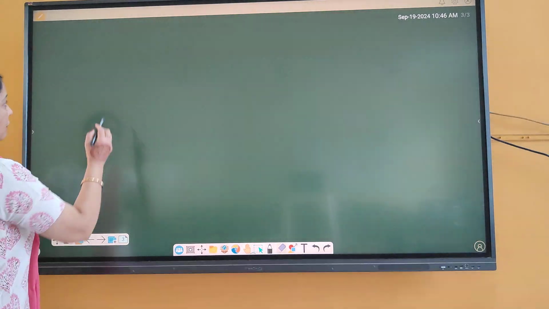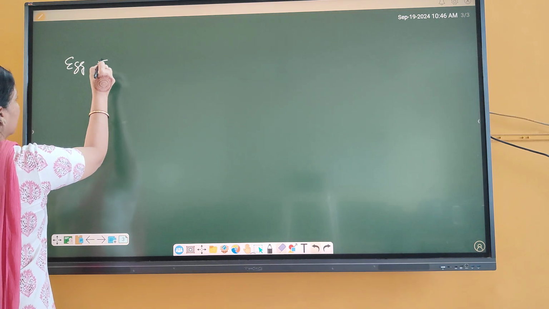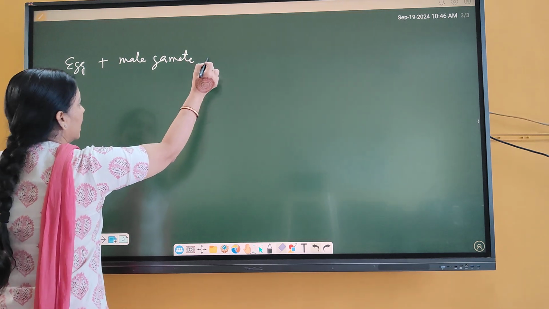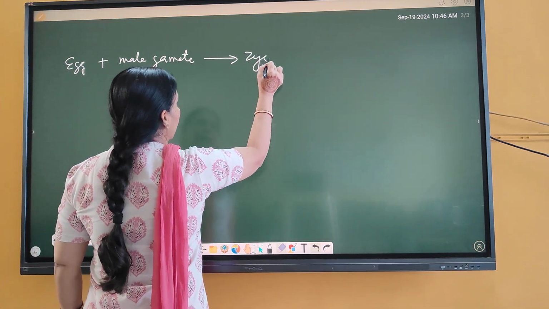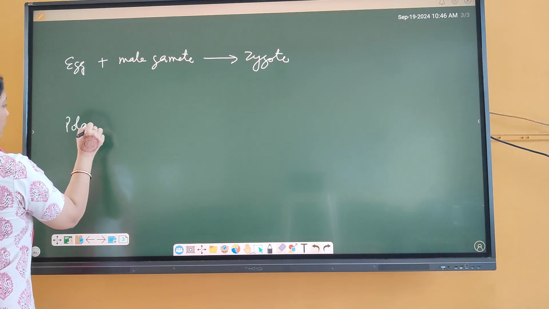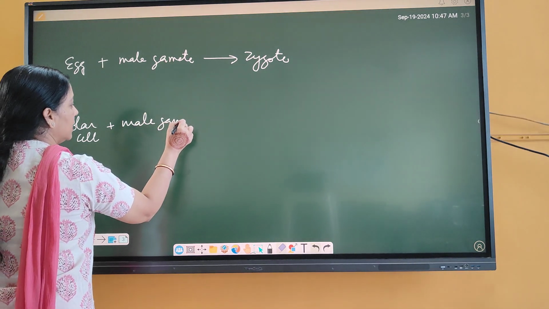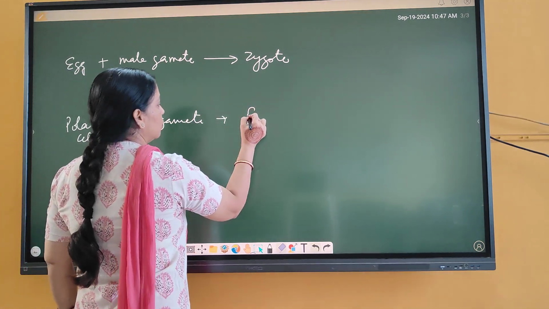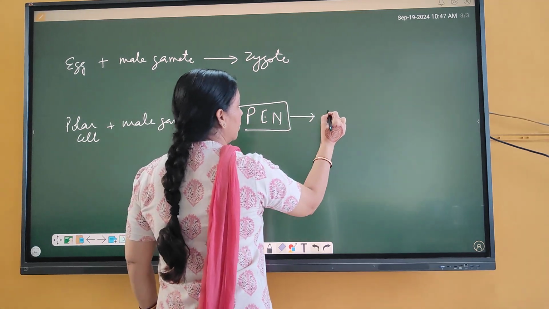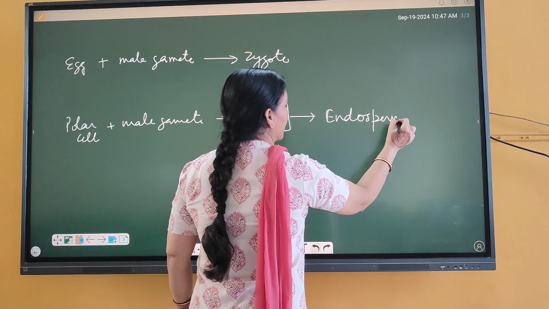Right? So in the next figure we can write it this way: when egg fuses with male gamete, it will form zygote. And second phenomena is polar cell fuses with other male gamete and it gives rise to primary endosperm nucleus, which will finally grow into a triploid tissue, endosperm.